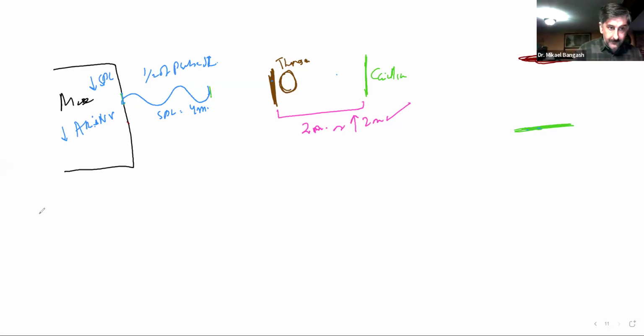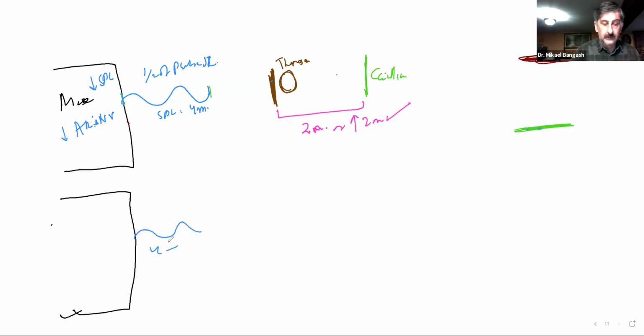Now, if for whatever reasons we still produce the same size pulse, let's say 4 meters, because it's 2 cycles and each cycle has a wavelength of 2 meters. But if Teresa, who is still the one that sits in the front, moved back, or Caitlin moved a little bit closer to her.